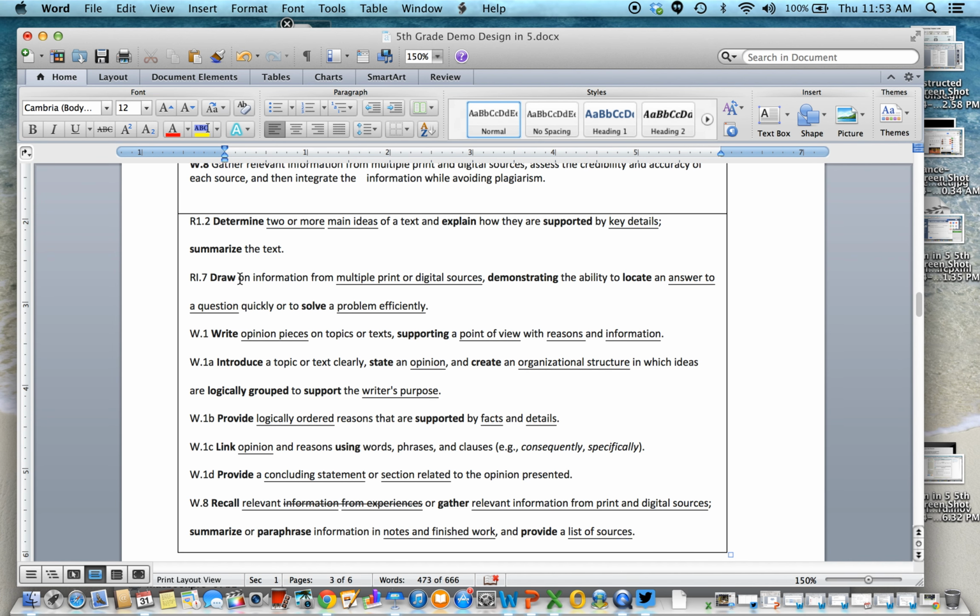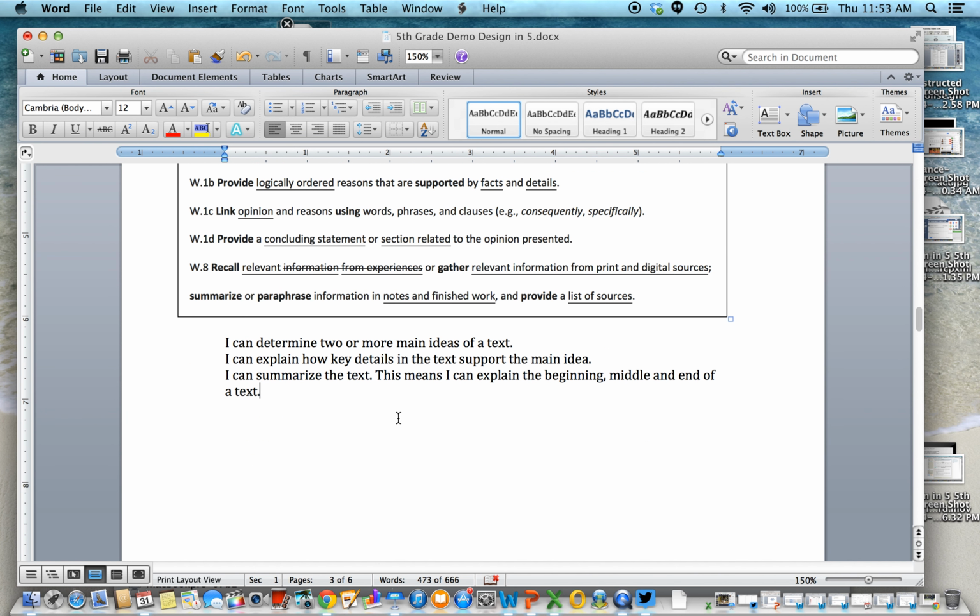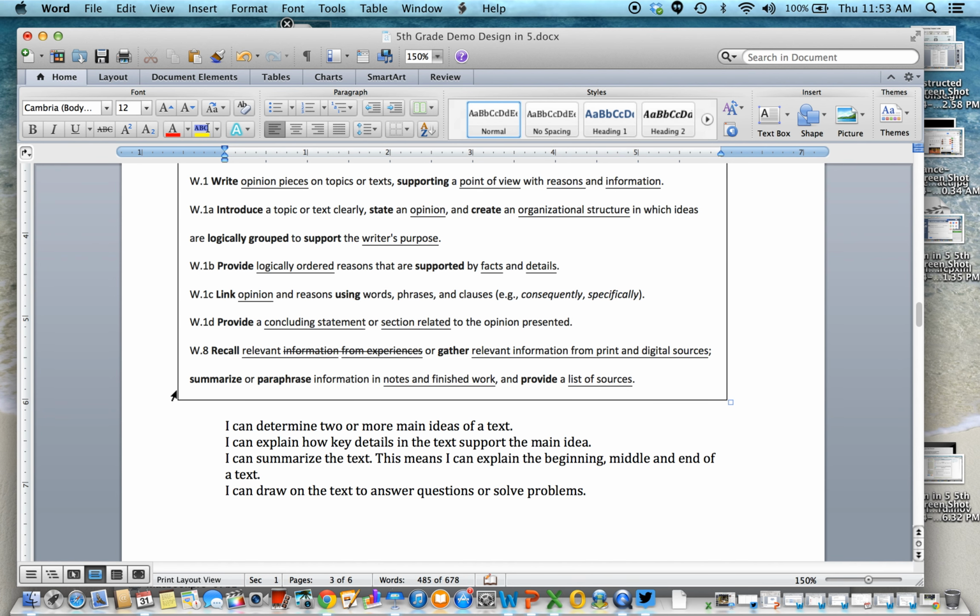All right, then the next one, drawing on information from multiple print or digital sources, demonstrating the ability to locate an answer to a question quickly or solve a problem efficiently. So I'm going to say I can draw on the text to answer questions or solve problems. Now draw on, this could be cite. I can cite the text to answer questions, but I think draw on maybe insinuates cite and explain.